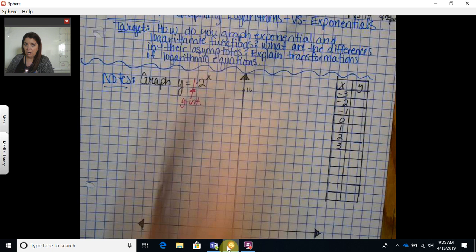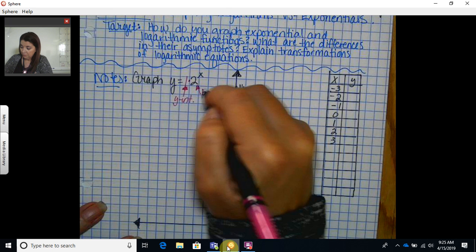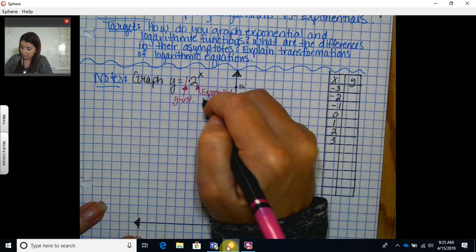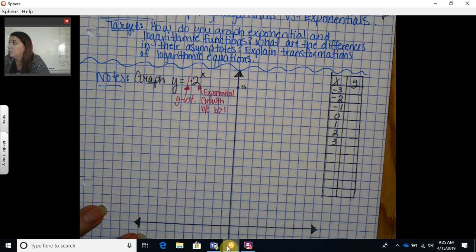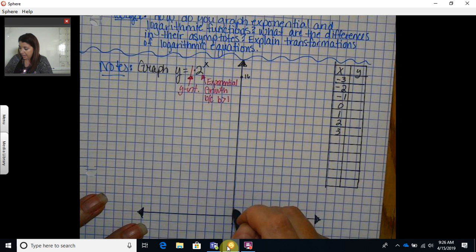B is greater than 1. And remember, if b is between 0 and 1, we can't just say less than 1 because it can't be negative. If b is between 0 and 1, not equal to 0, not equal to 1, then it's a decay, right? So we know the y-intercept is going to be on the y-axis at positive 1.